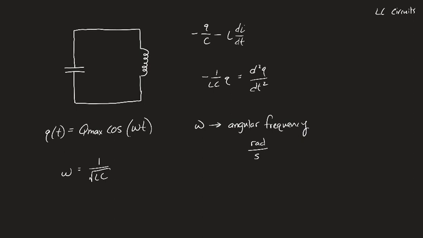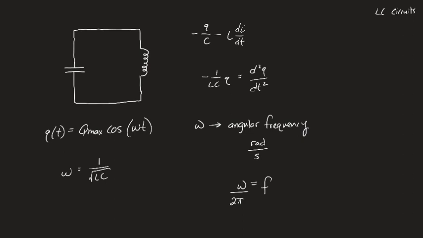That suggested then that if we divide this by 2 pi, we could get the oscillatory frequency. This would be converting from radians to oscillations.